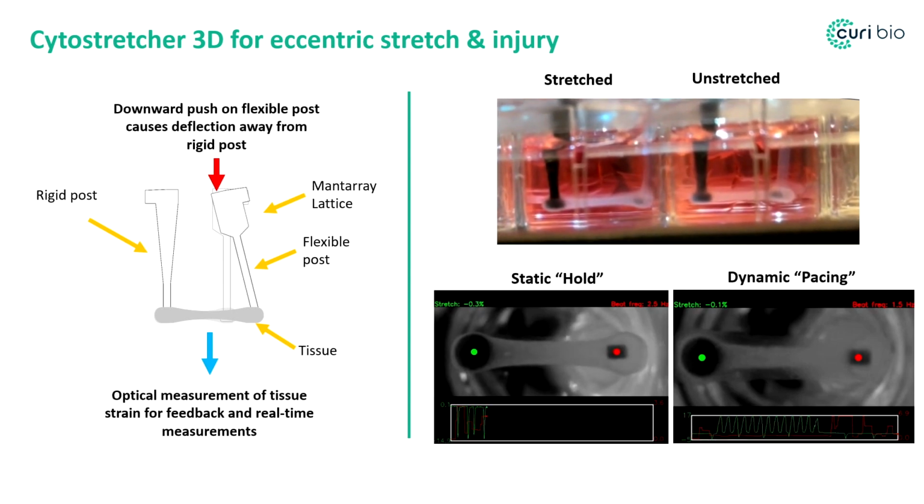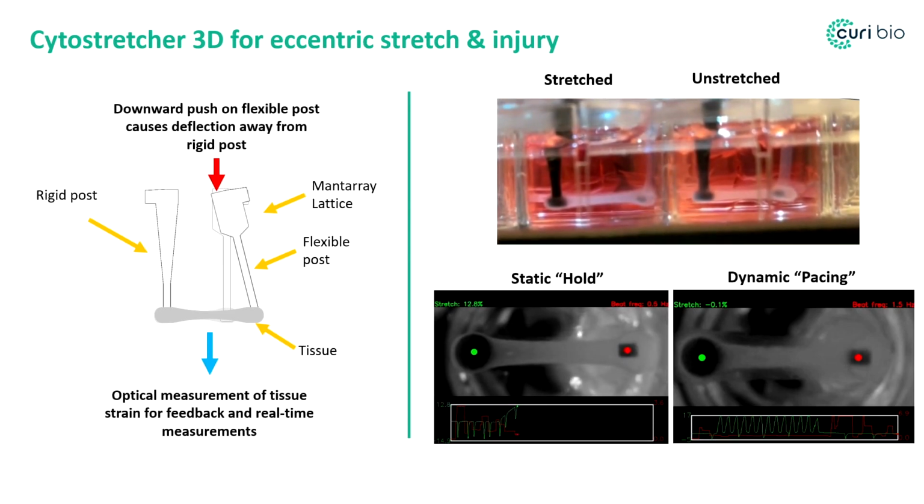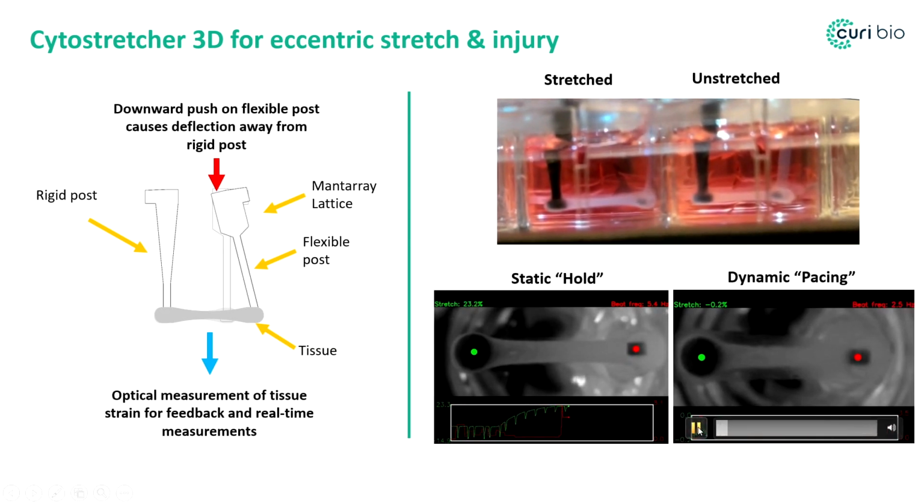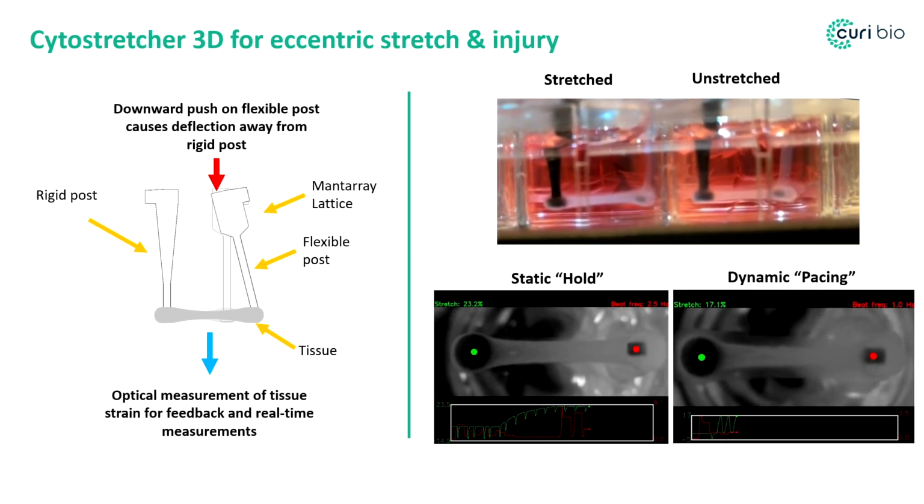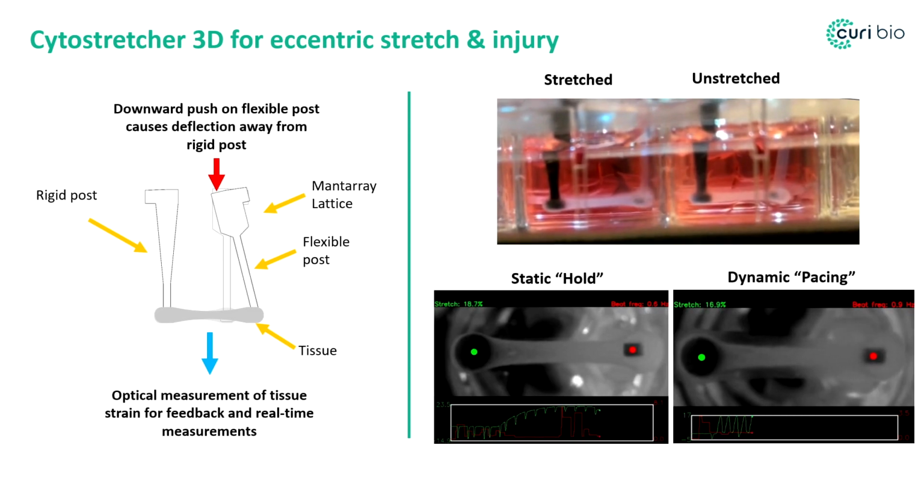For those in the other room who can't see me walking around, I'm pointing at the red and green dots, whereby we keep one post stiff, and the other post is either stretchable or not. What we're seeing in these videos is that, using what we call our Cytostretcher 3D, we can do different pacing mechanisms or just pure stretch. And for a tendon model, I think we can obviously see the utility in something like that.